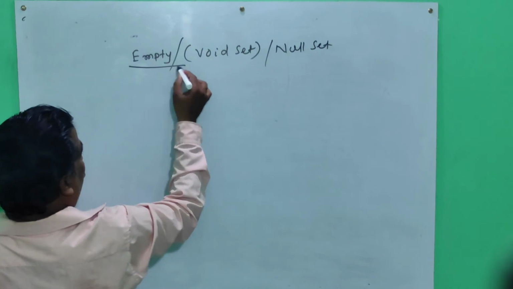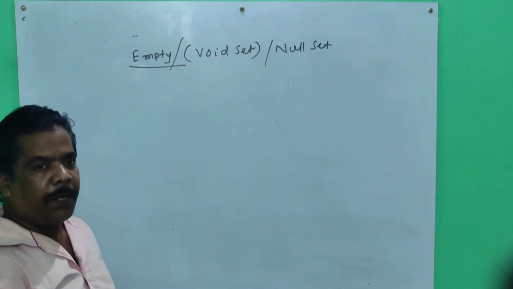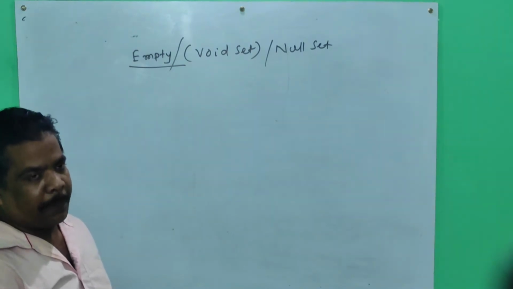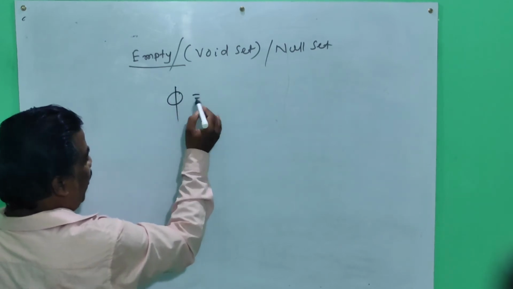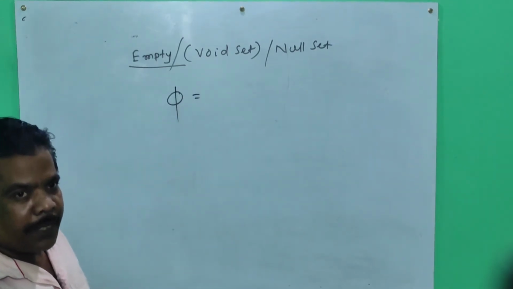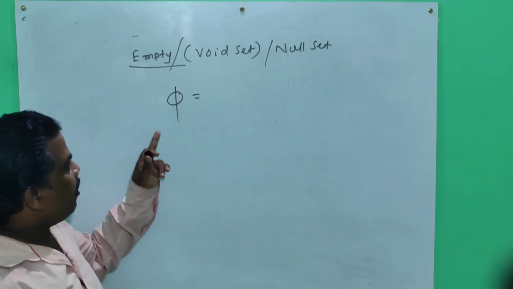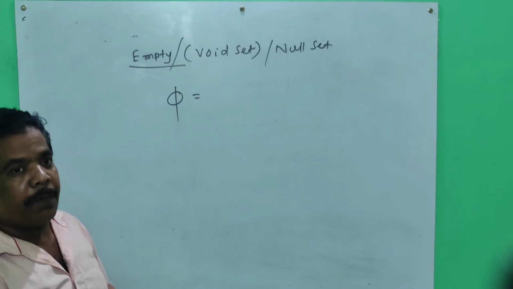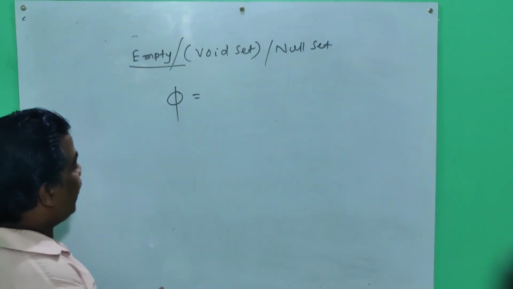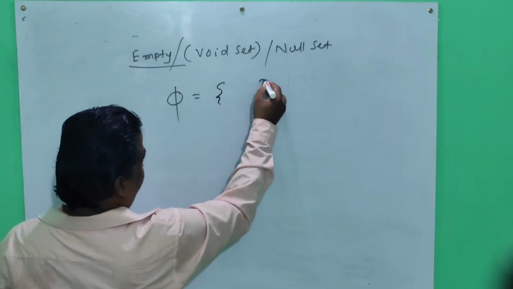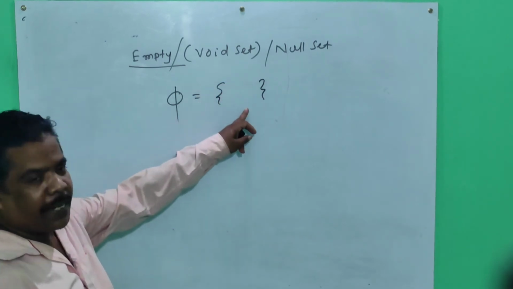A set is called an empty set if it possesses no elements, and it is denoted by the symbol phi. Phi is the name of the set which contains no element. So we write phi is equal to a set having no element.